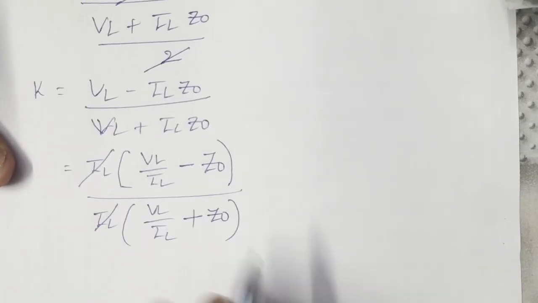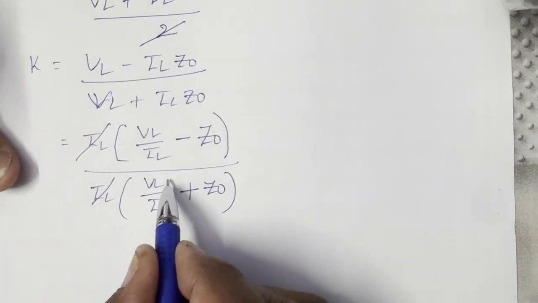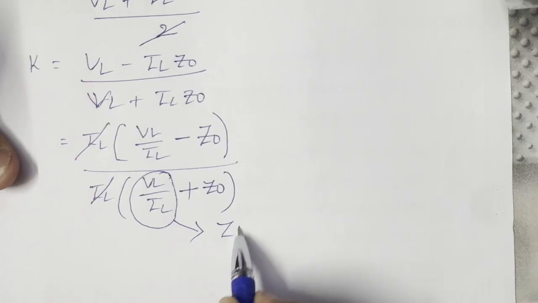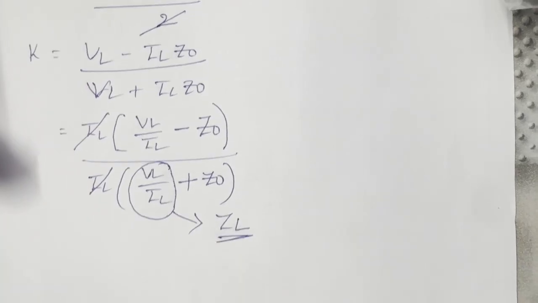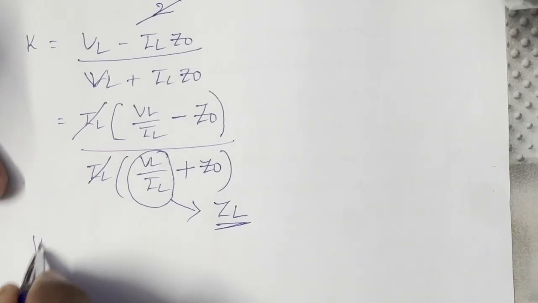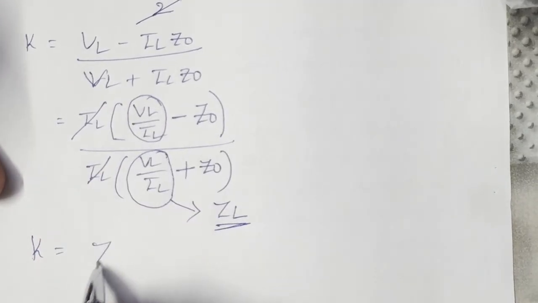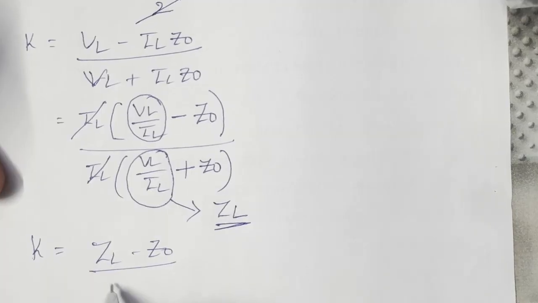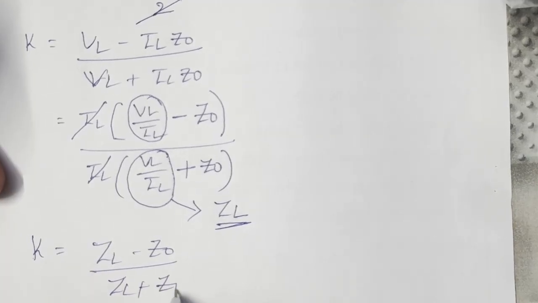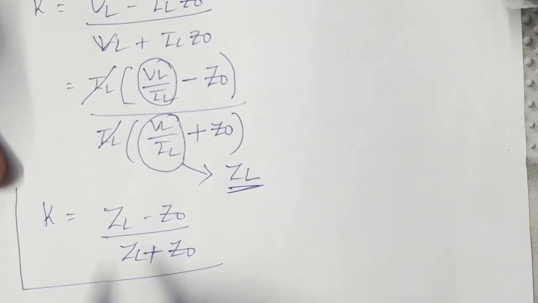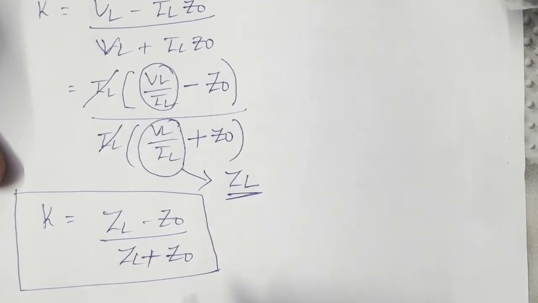This IL gets cancelled. Now VL by IL means ZL. Then K equal to ZL minus Z0 by ZL plus Z0. It is the expression for reflection coefficient.